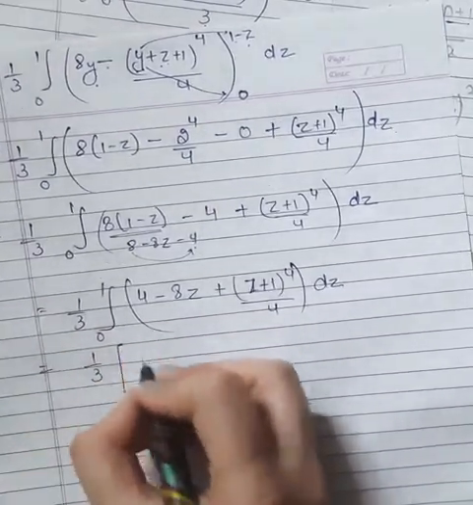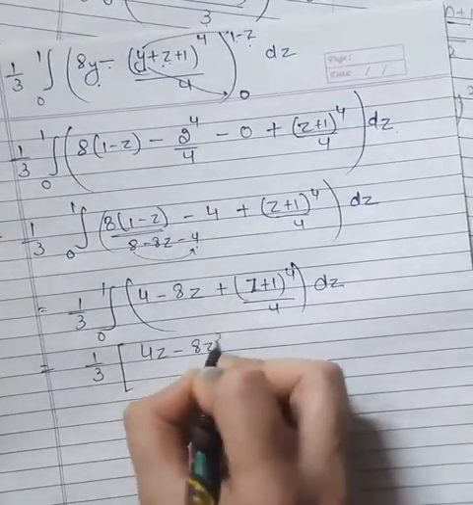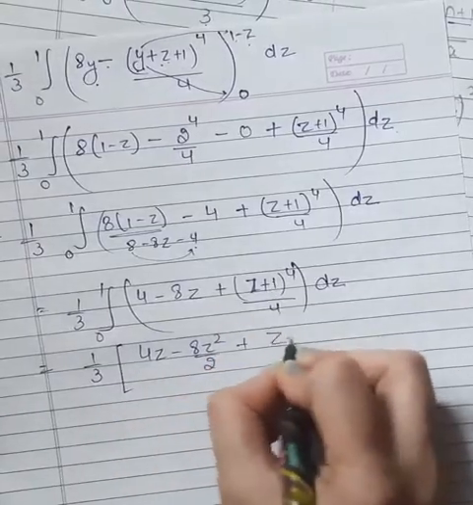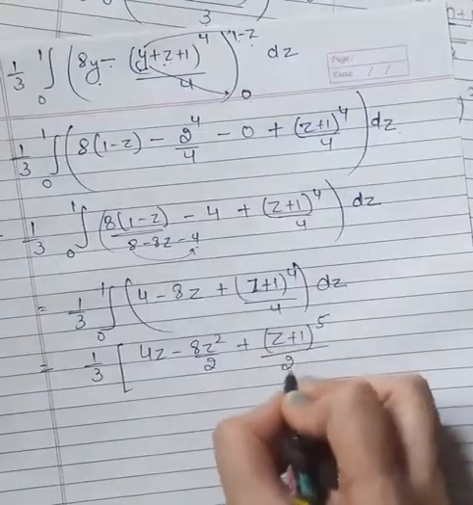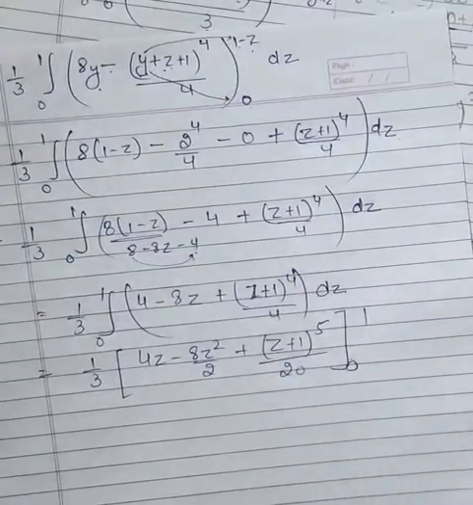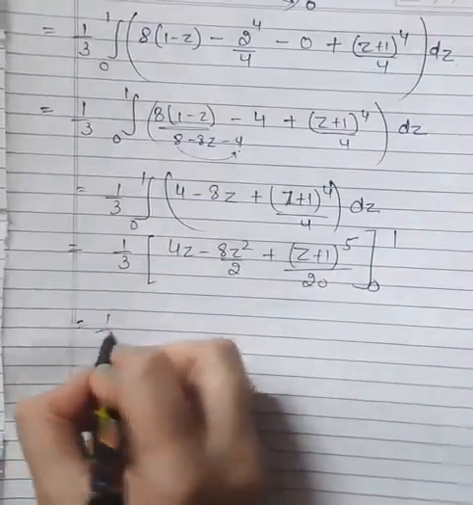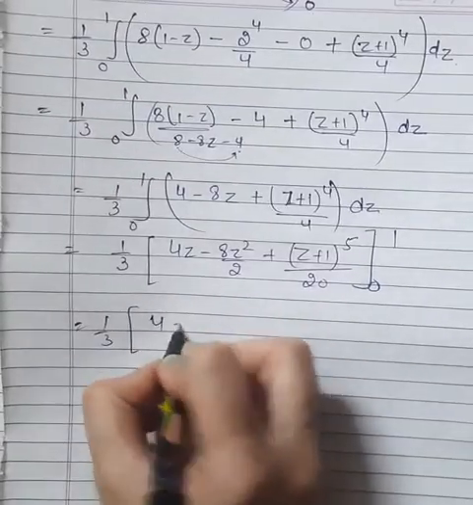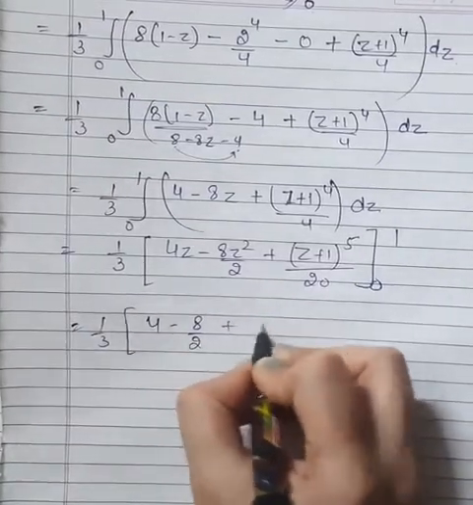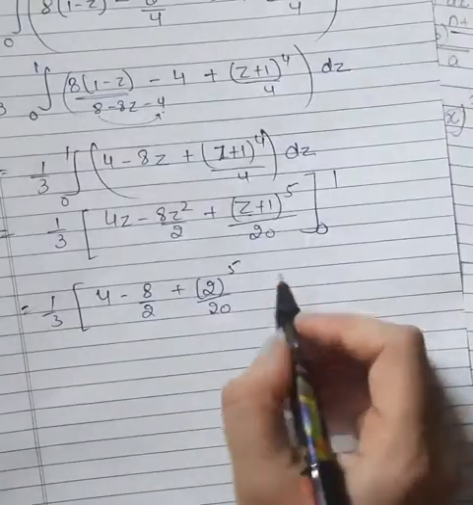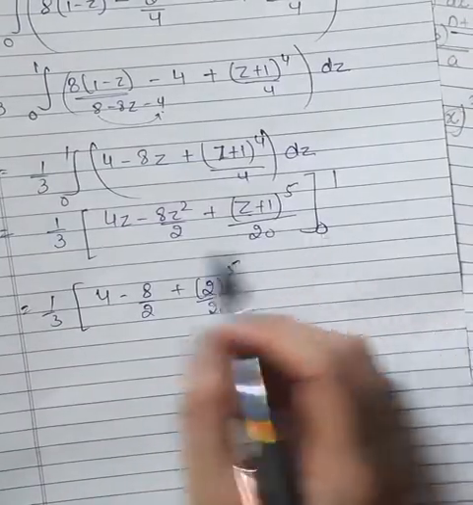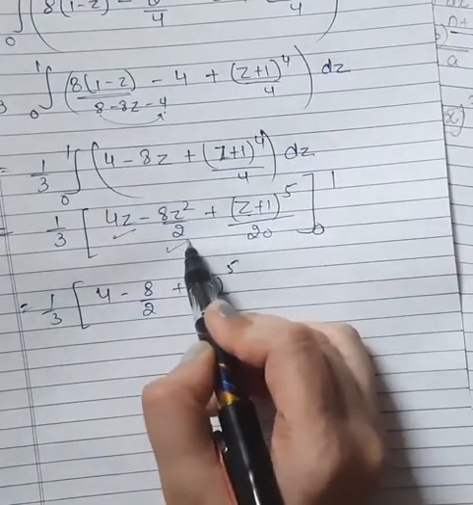Integrate with respect to z now. 1 by 3, it's 4z, 8z square by 2. Again the power rule, (z plus 1) raised to power 5 upon 5 into 4, that is 20, 0 to 1. Put the upper limit: 4 minus 8 by 2 plus (1 plus 1), 2 raised to power 5 upon 20. When you are going to put the lower limit, this will become 0, that will also 0.